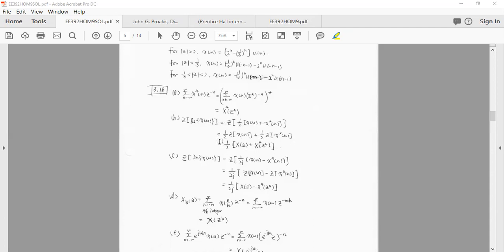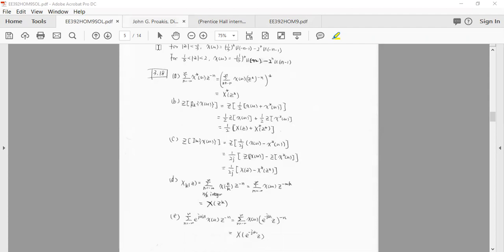This is the particular term that we get. So based on that, we can prove that the z transform of the real part of x of n is equal to half into x of z plus x of z conjugate and conjugate of that, right? So that is what we get as the z transform of the real part of x of n over here.